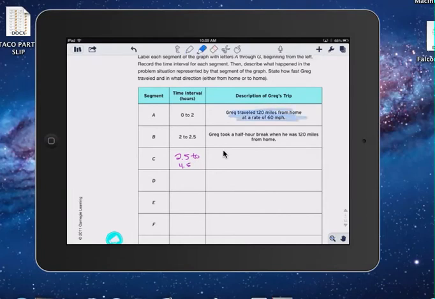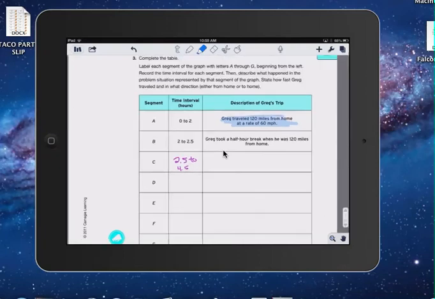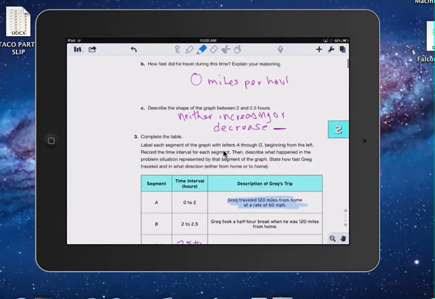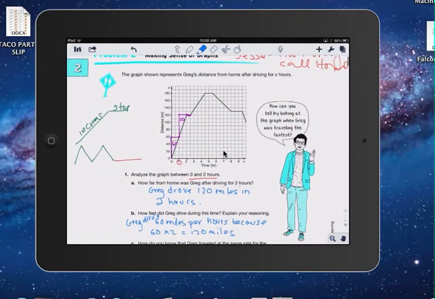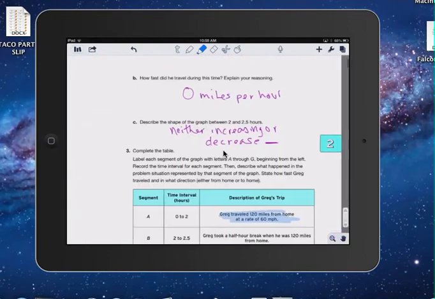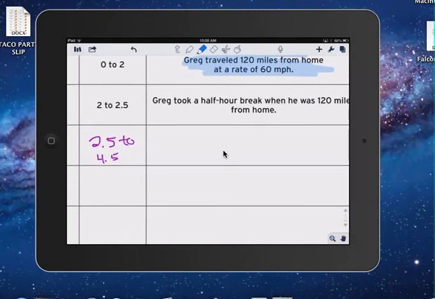He's moving. Give me how far he went. How far did he go? 60 miles. Total? Oh, 180. No, he went from 120 to 180. How many miles is that? 60? So he went 60 miles. You were right the first time. He went 60 miles.